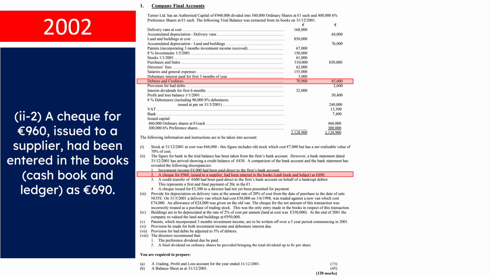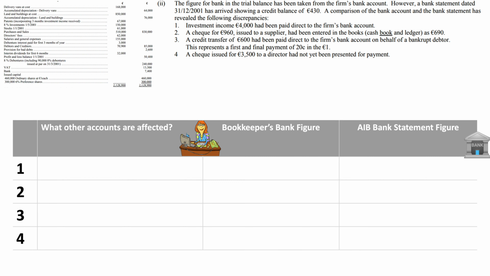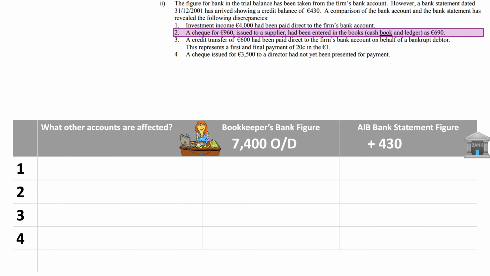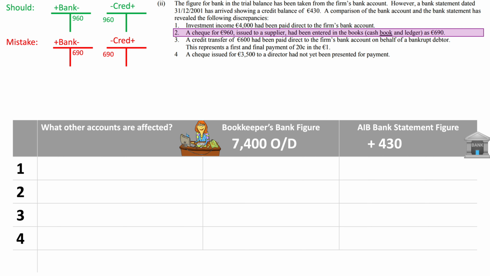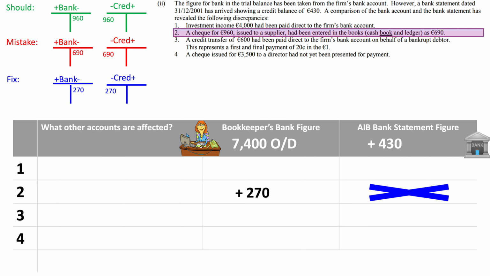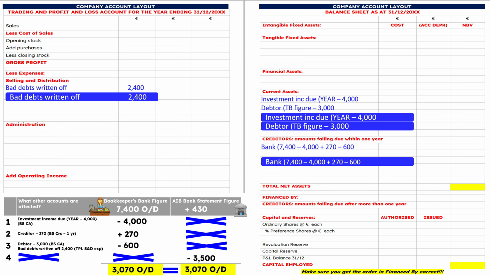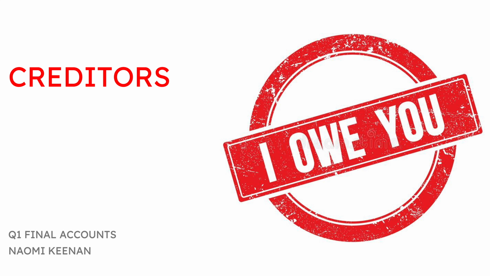And then we have 2002, another one. Okay, so that's all the creditor adjustments going back as far as 2002.